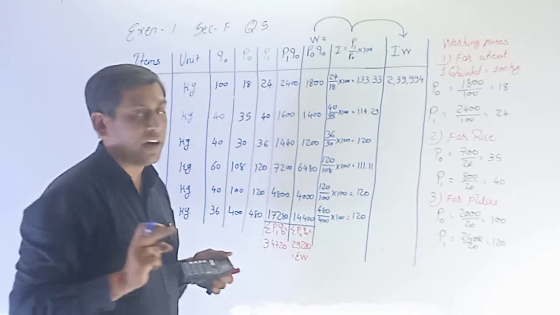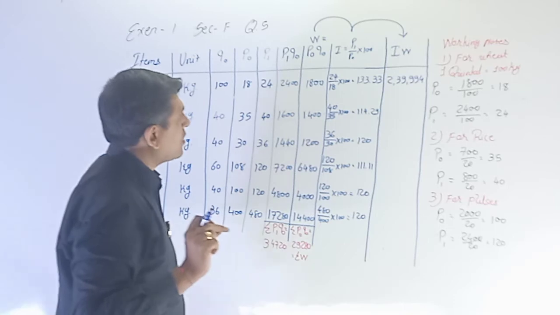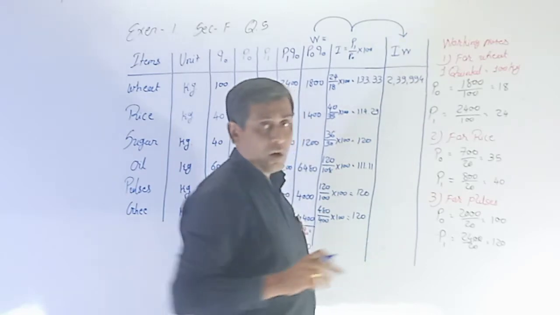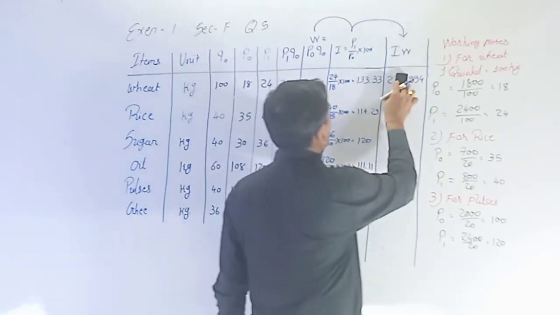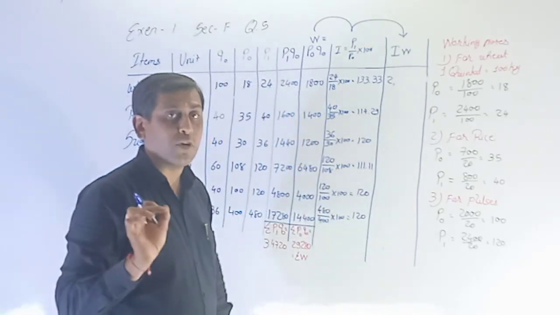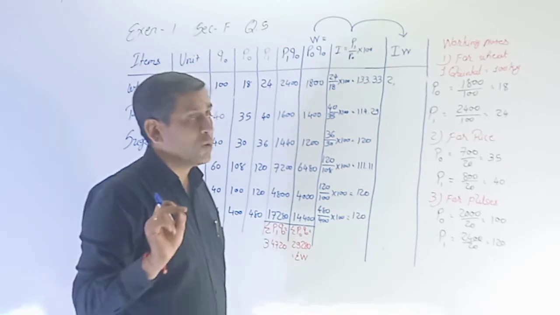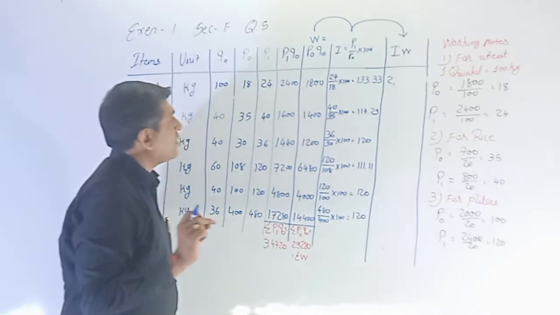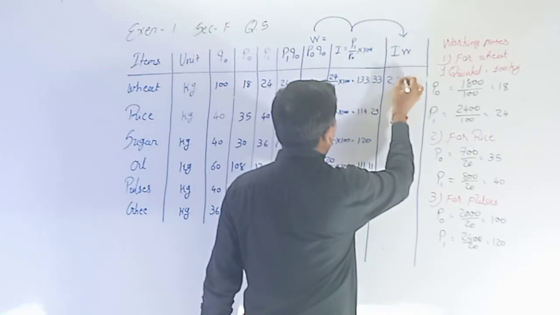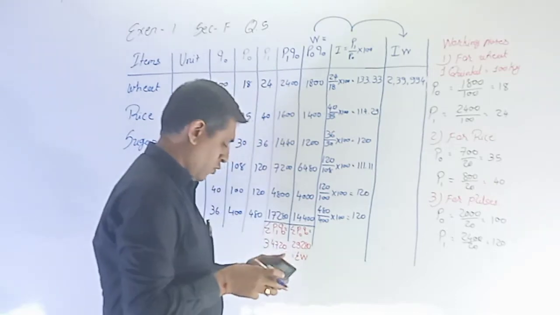See here, if we write 1800 into 133.33333, then the exact answer is 2,39,999.999. Or you can write here 2,40,000 also. Okay, so here the twist is that you have to write just the multiplication of these two, that is 2,39,994.